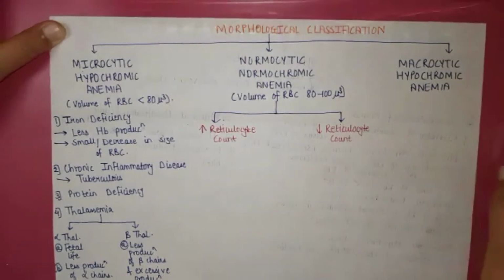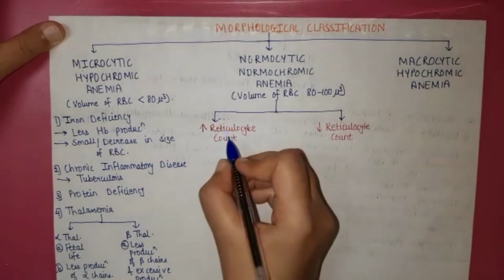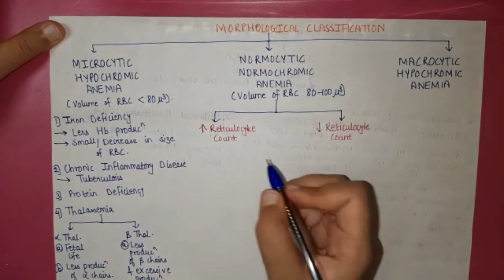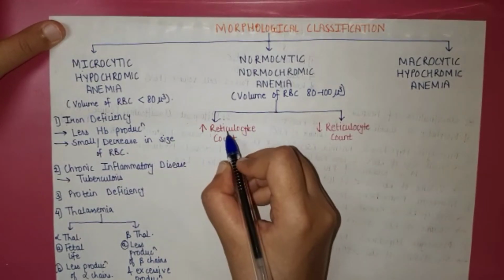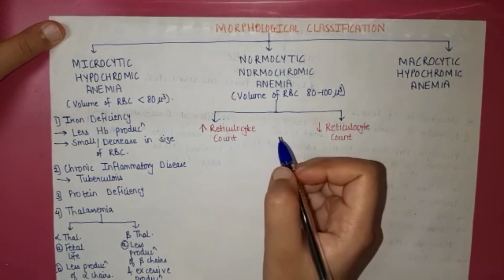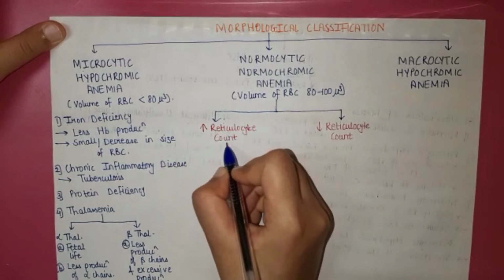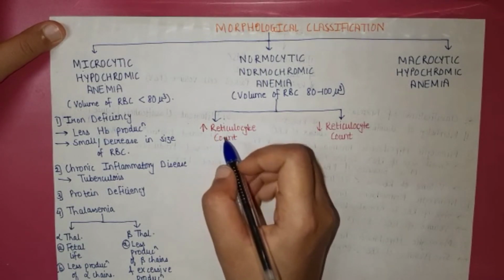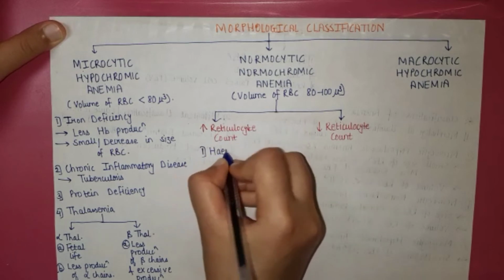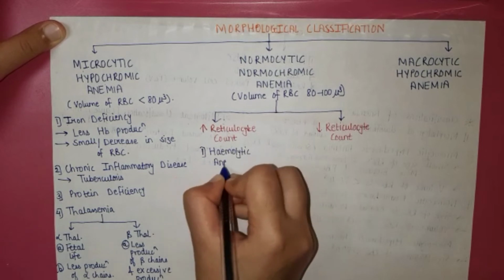Now what is reticulocyte? Reticulocyte is a product which is involved in the process of formation of RBCs. So reticulocyte gets converted into RBC and it is the last step in the formation of RBCs. So if the reticulocyte count gets increased, the cause for that is hemolytic anemia.